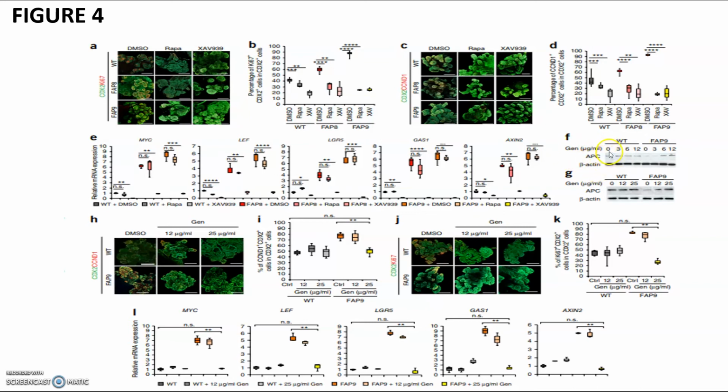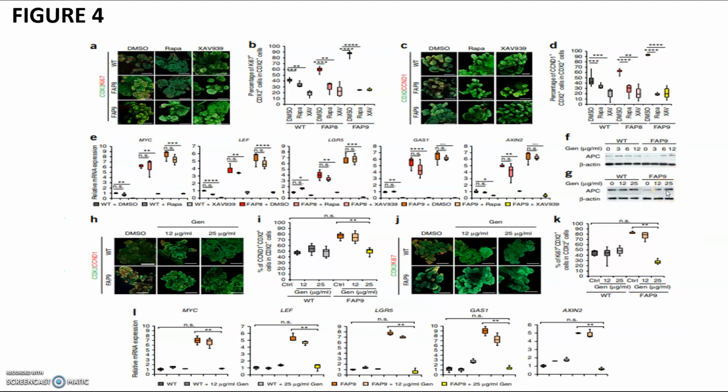So you can see here at 0 micrograms per milliliter, we have 03612, 03612, and then we have 01225, 01225 for FAP9. And you can see that at the 25 micrograms per milliliter, the APC has been regained.